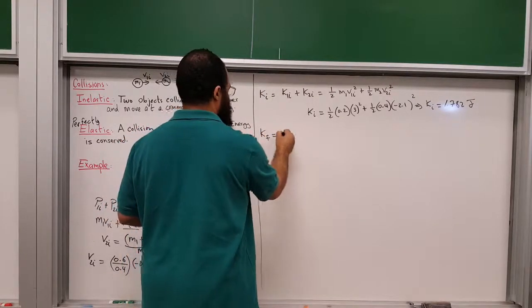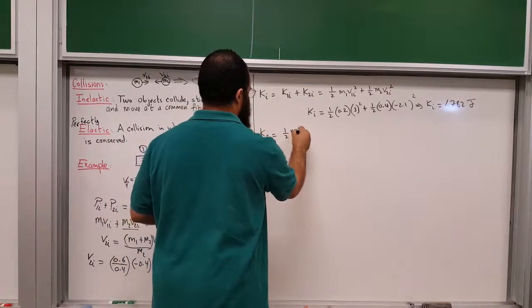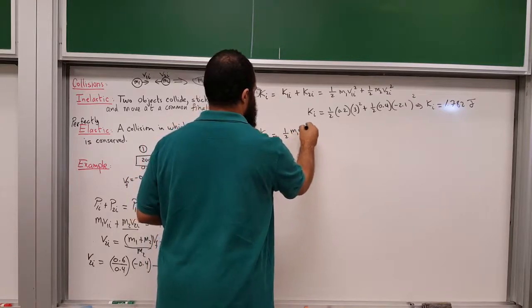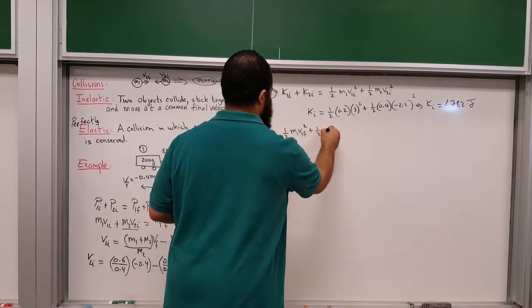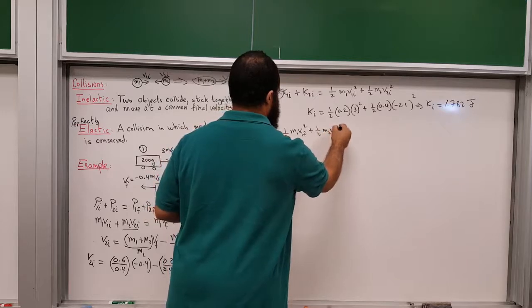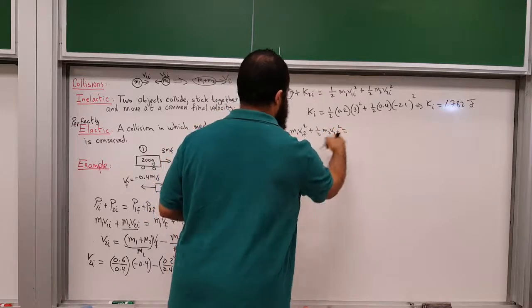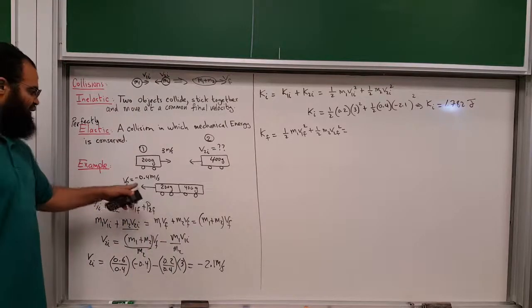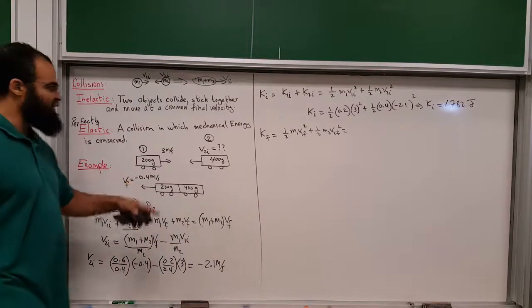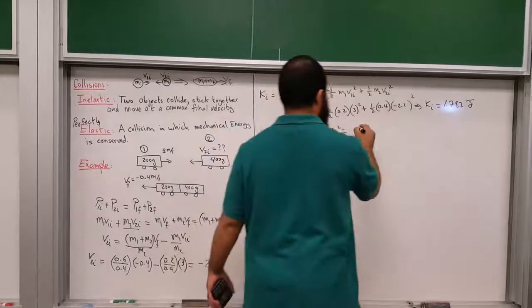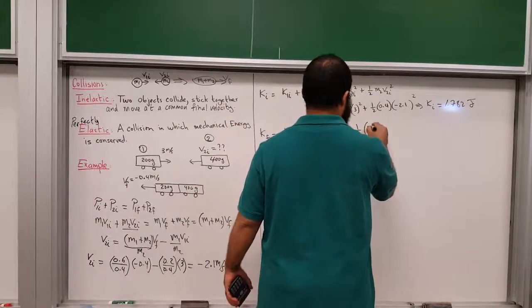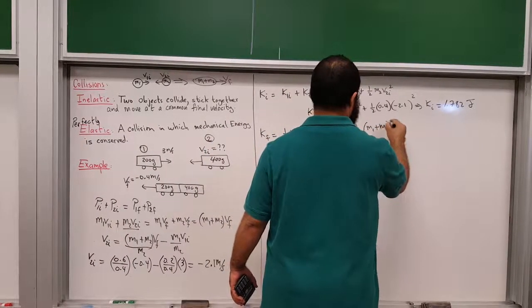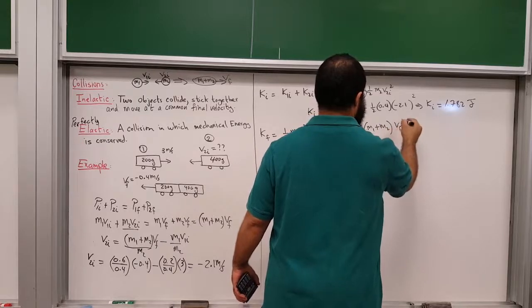Okay, final would be 1/2 m1 v1 final squared plus 1/2 m2 v2 final squared. But v1 final and v2 final will both be the same. They're just v final, and it's this number. So I'll just factor it out. I'll have 1/2 (m1 plus m2) v final squared.